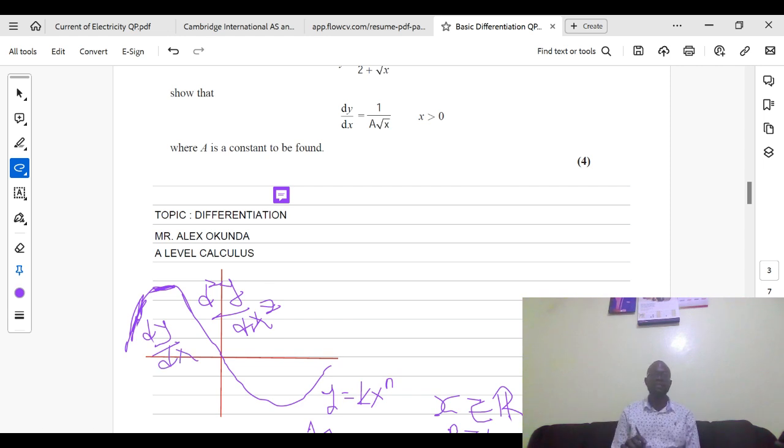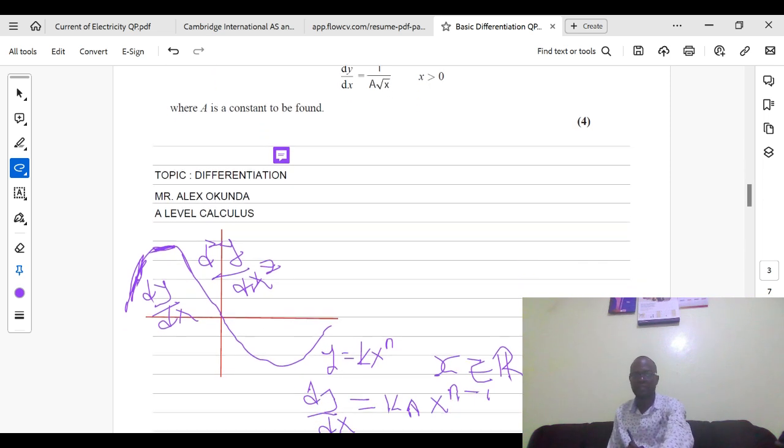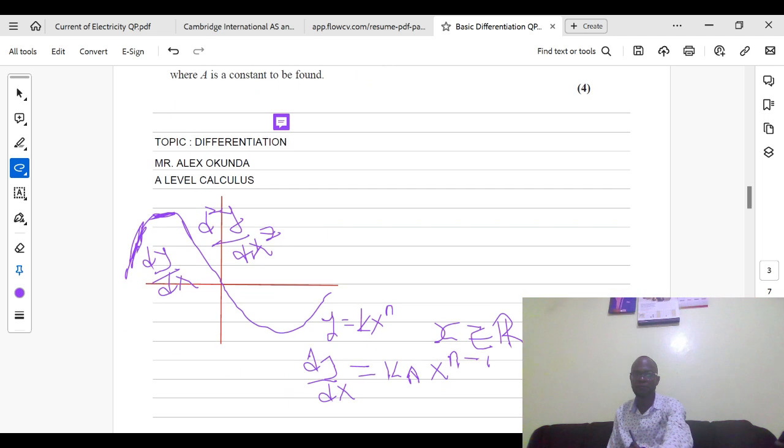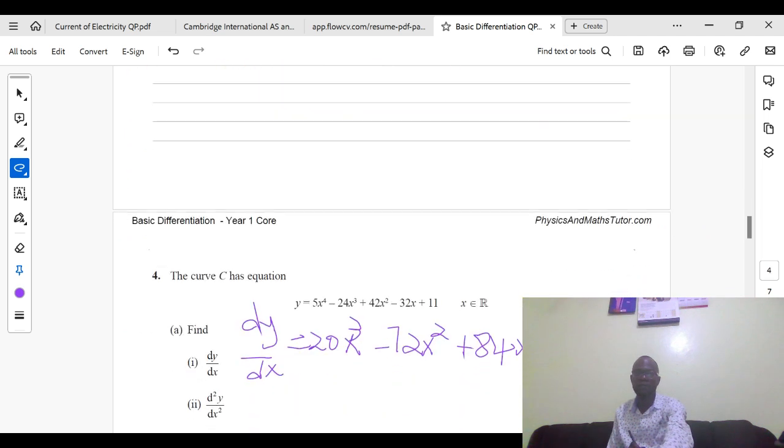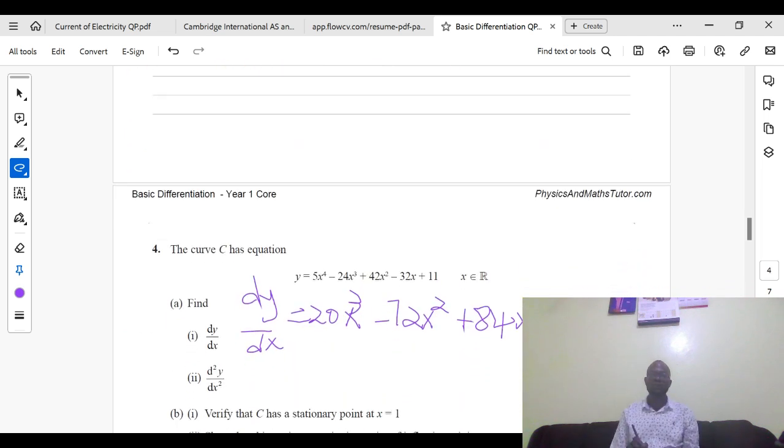So to find the second derivative, you simply differentiate the first derivative following the same technique that I have highlighted here. So how is it going to be? I will write d squared y over dx squared is equal to multiply 3 by 20 gives you 60, subtract 1 from 3 gives you 2.